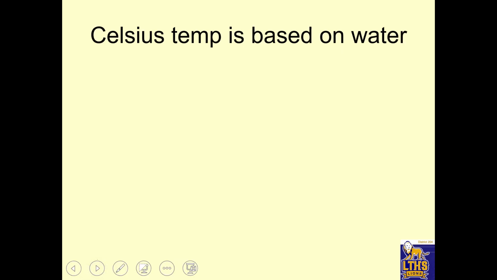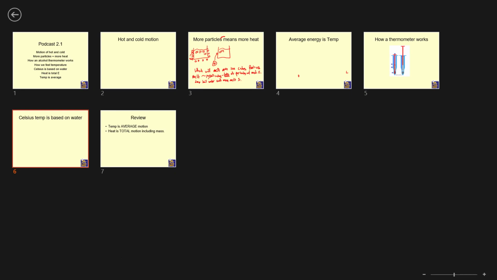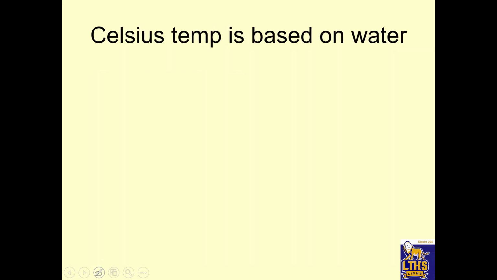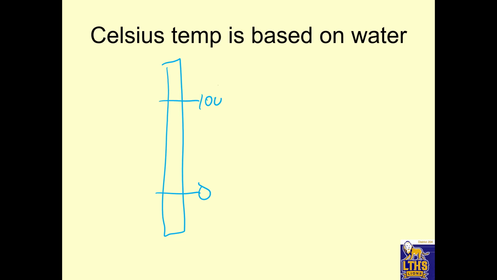You need to know that Celsius is a dude. Celsius set his scale to be based on water. If you have a scale, you want your 0 to mean something, and you want your 100 to mean something.